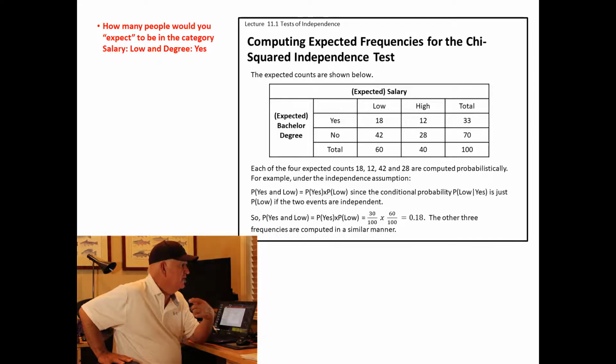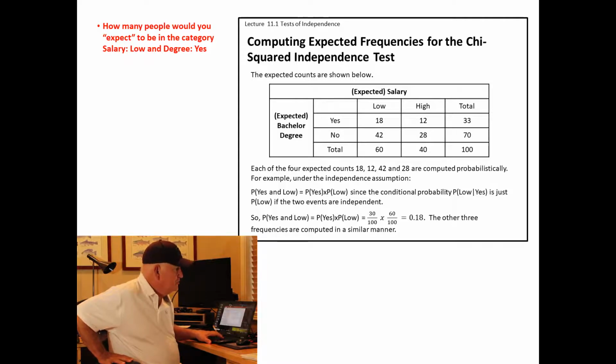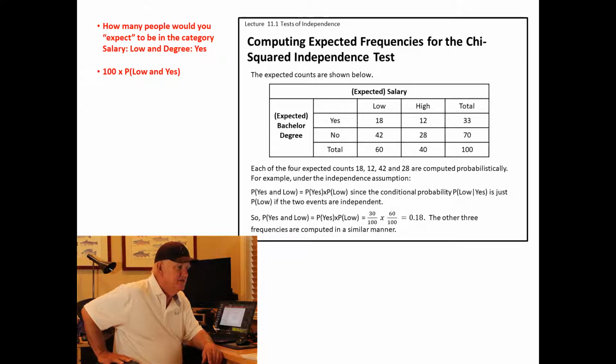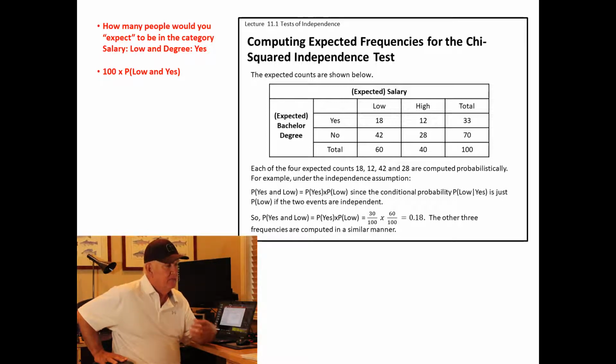Well, one way to answer that is to say, it's 100 times the probability of having both a low salary and having a degree, right? If you could calculate that probability times the number of people, that is the expectation value.